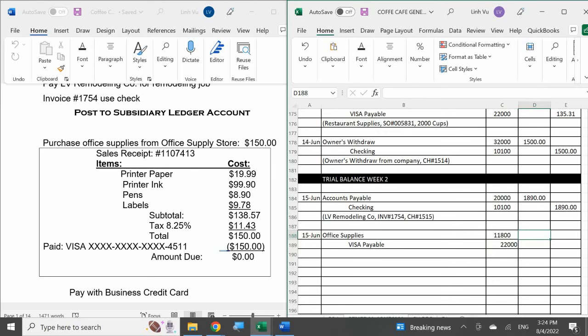How much am I going to debit and how much am I going to credit? 150 each.